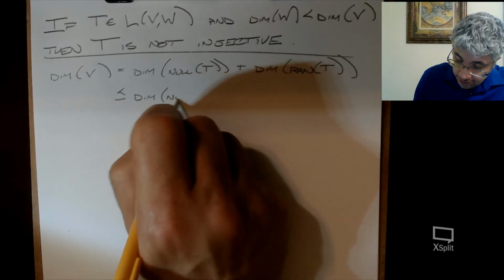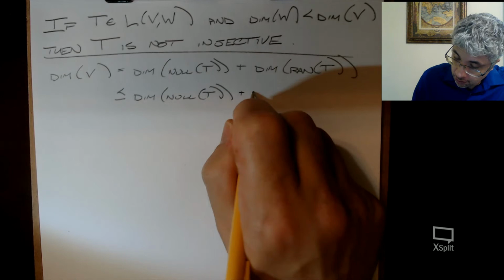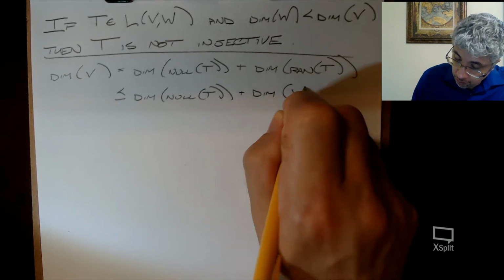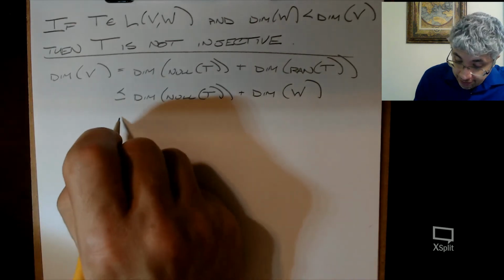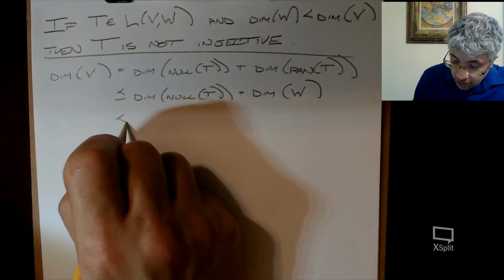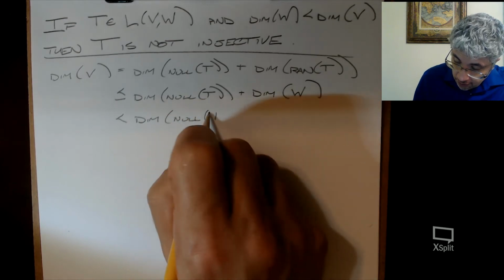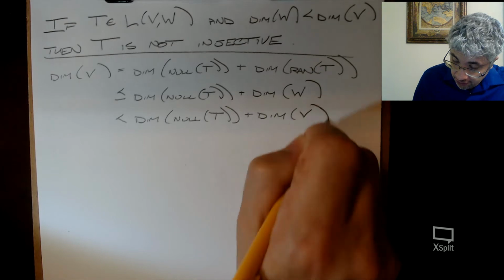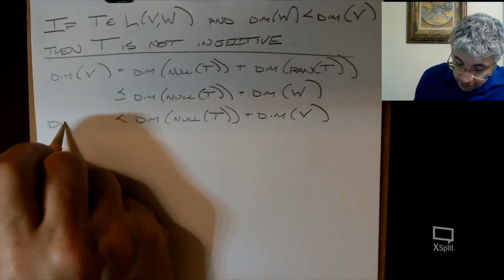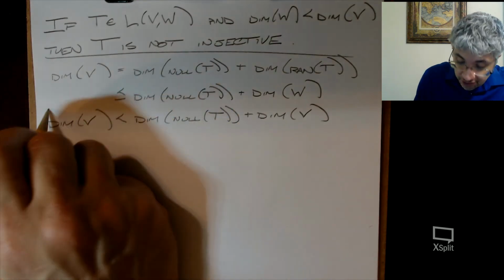So I could write this. But now I know that the dimension of W is strictly less than the dimension of V. So this is less than the dimension of the null space of T plus the dimension of V. And keep in mind what I have on the left: the dimension of V, in all of these.